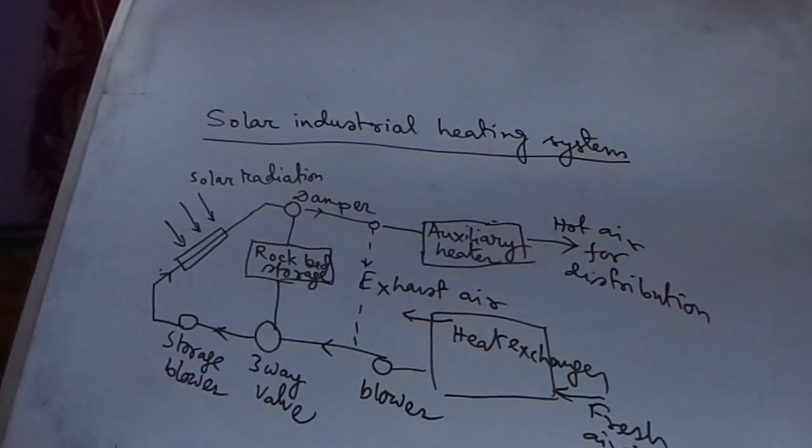Now this one is the hot air solar heating system. Thermal energy is transported from the collector through hot air and utilized for process heat. The excess heat is stored in a rock bed thermal storage to be used later when solar radiation is not available.